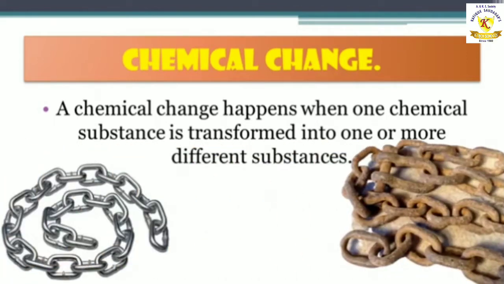See this example where you can see an iron chain, and after a chemical change you can see the iron chain in a rusted form. This rust is due to corrosion of the iron. So here a new substance is formed after a chemical change. So this is an example of a chemical change.